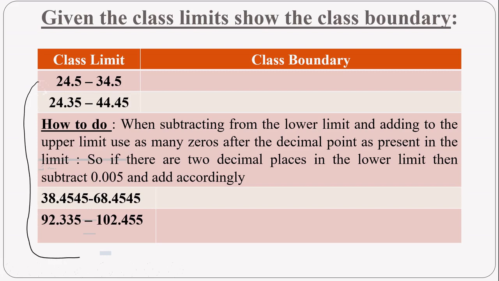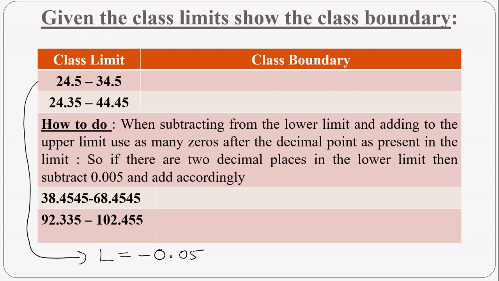First, how many decimal places are there we need to observe in the given class limit? There is only one decimal place. So what we need to do? We need to take the lower limit and reduce 0.05.